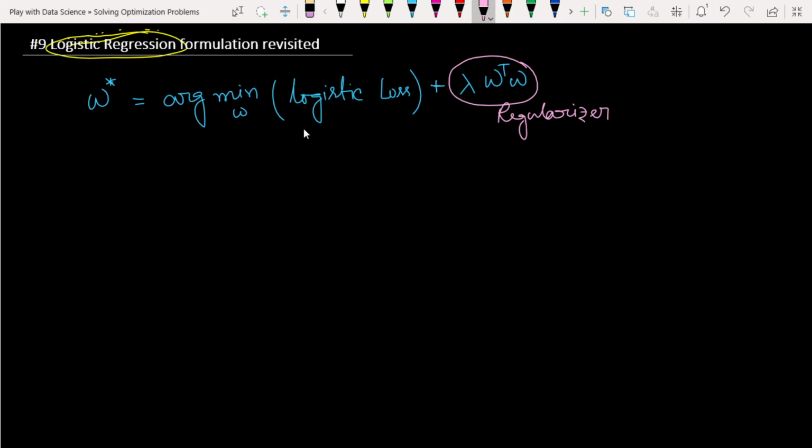If you remember from the previous lecture, this lambda is one kind of Lagrangian multiplier.